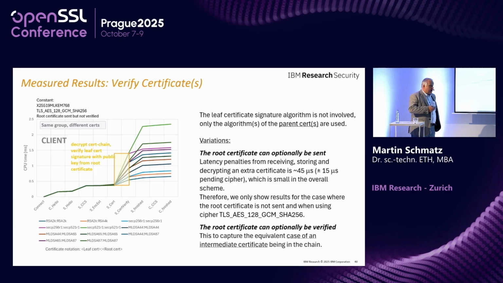But we did the measurement either way for two-chain certificates, so we had the leaf and the root, and we sometimes verified the root or not, just to also capture the situation where instead of a root, you would have an intermediate certificate.